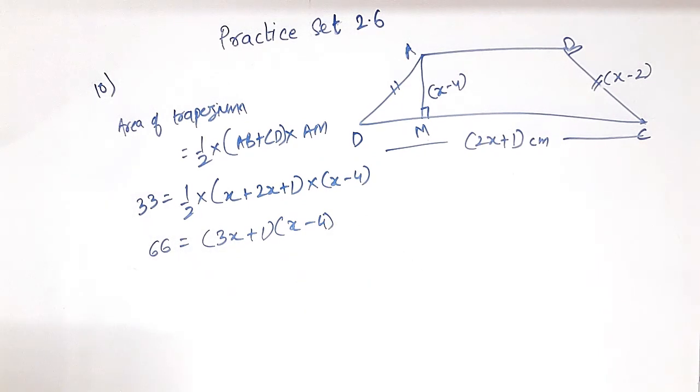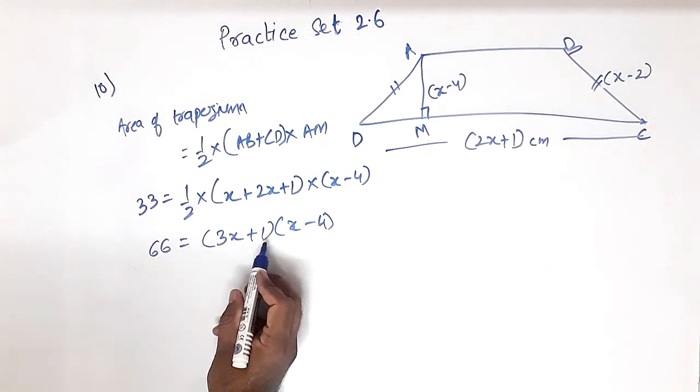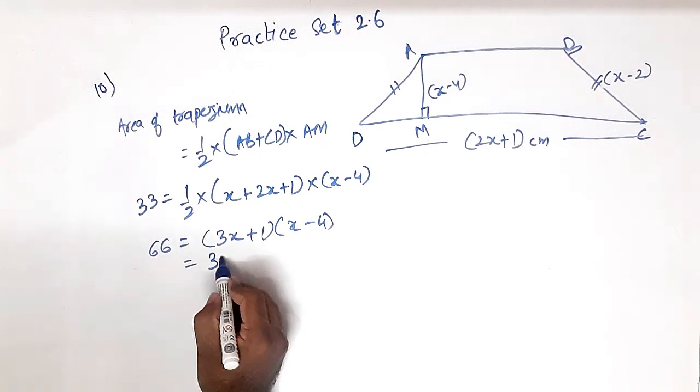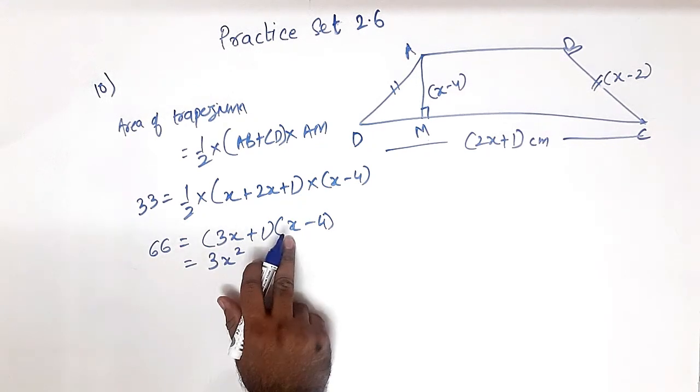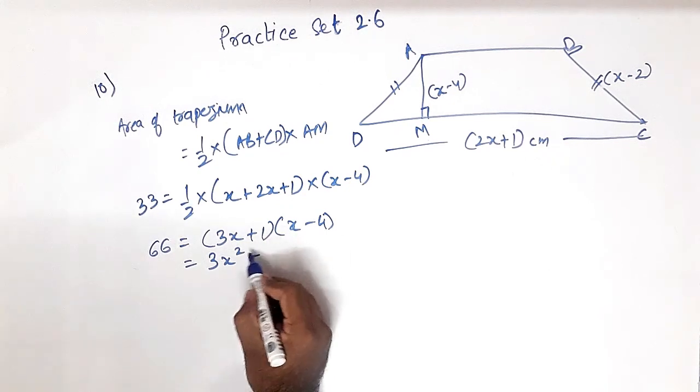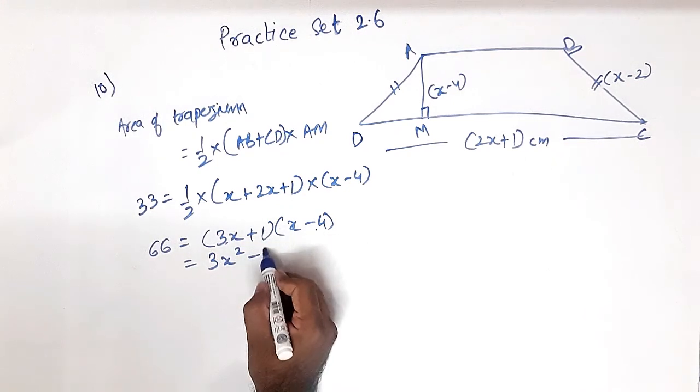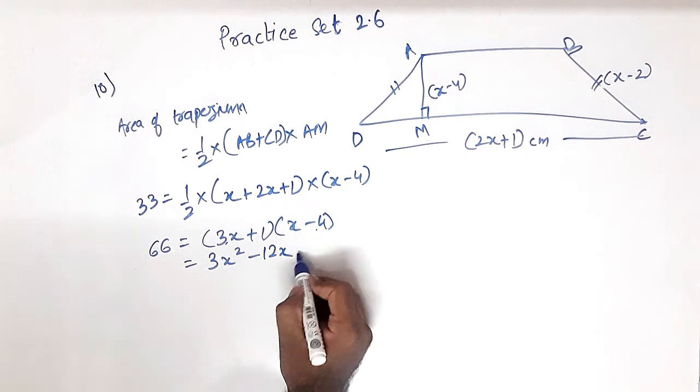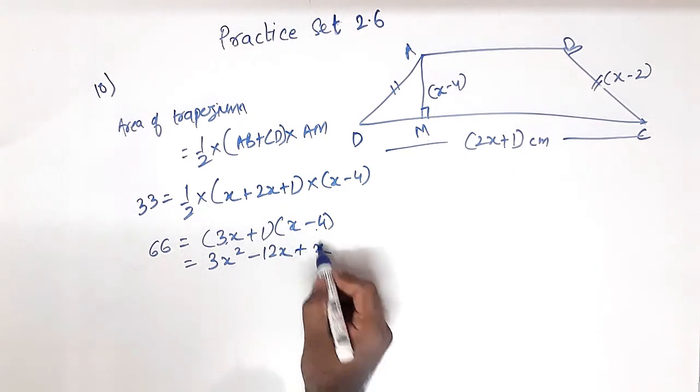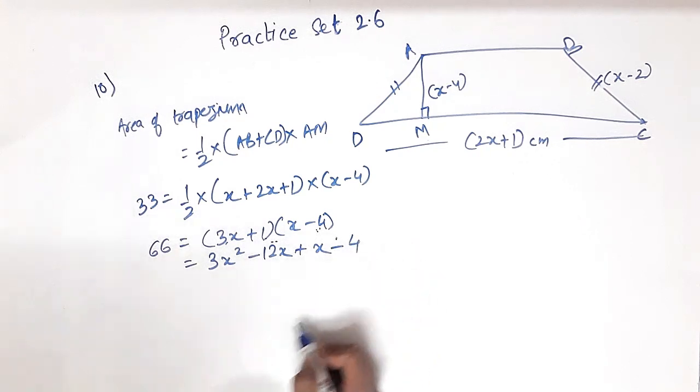Now let us see, this will become 3x square minus 3x into 4 is 12x, plus 1x and minus 1 4s is 4.